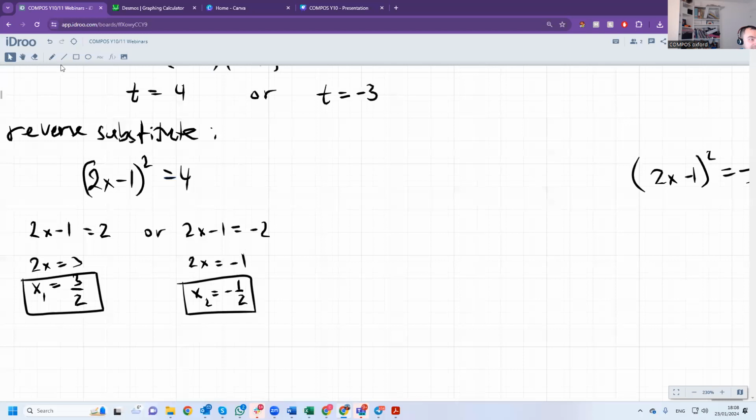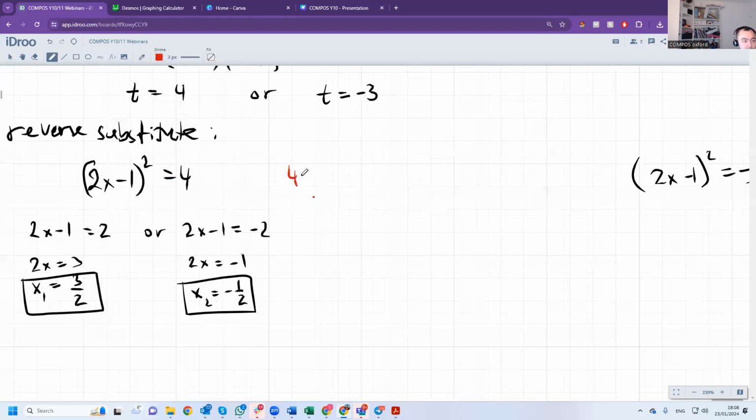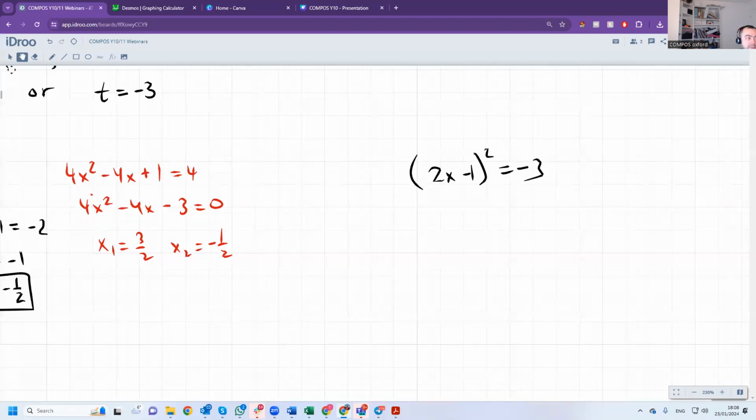It would be 4x squared minus 4x plus 1 equals 4. So 4x squared minus 4x minus 3 equals 0. And then you solve it, and x1 is going to be 3 over 2, and x2 is going to be minus 1/2. You could certainly do that. What about this one? So this is alternatively.